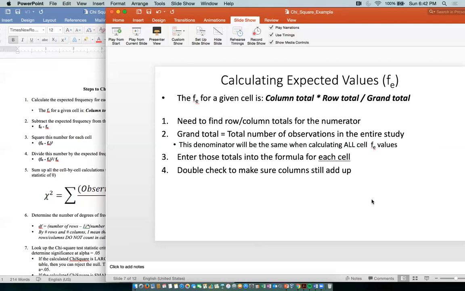So that means we need to find row and column totals for our numerator, and then identify in our cross tabulation what that grand total is going to be. And then we need to do this calculation for each cell.